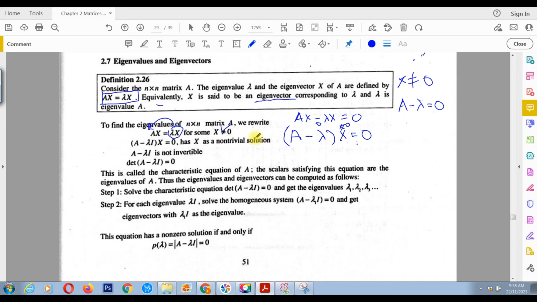We have a non-trivial solution if A minus lambda I is not invertible, and then the determinant of this will be 0.